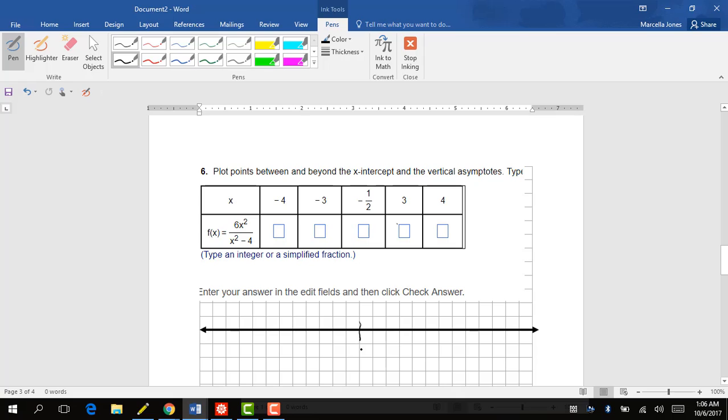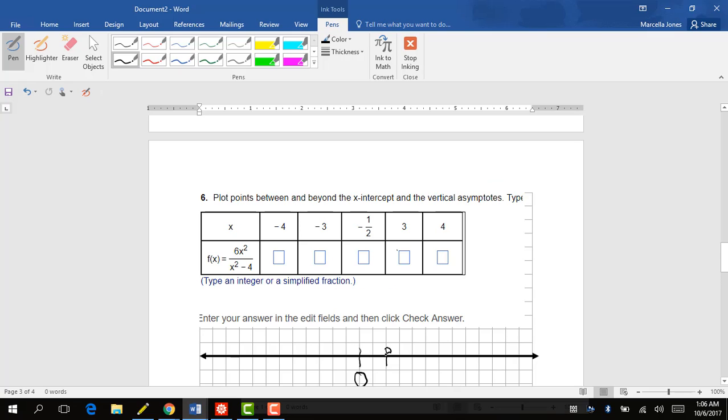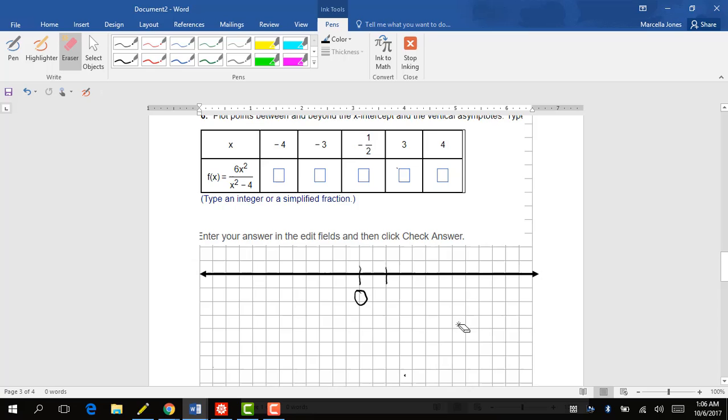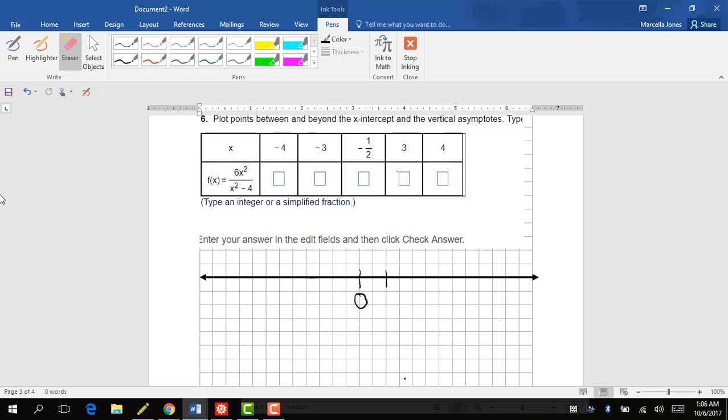My x-intercept is 0, my vertical asymptote is 2, and my other vertical asymptote is negative 2.